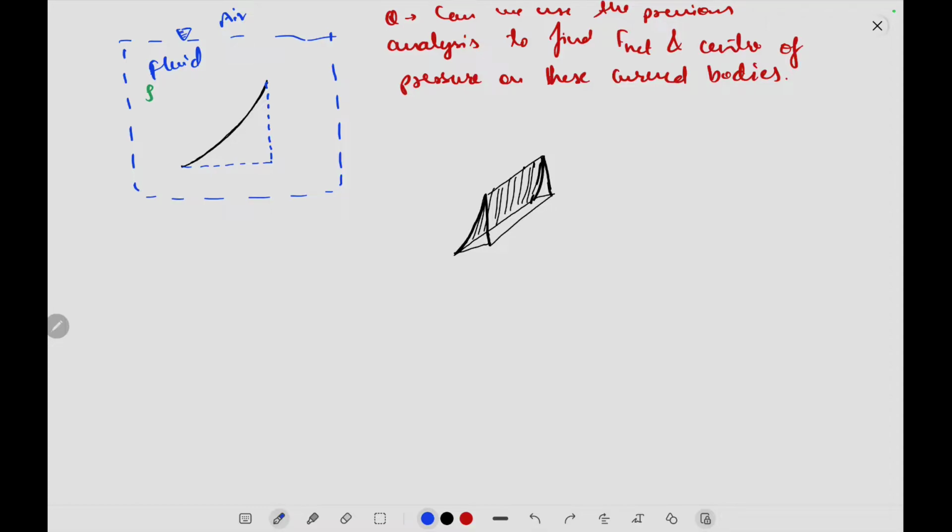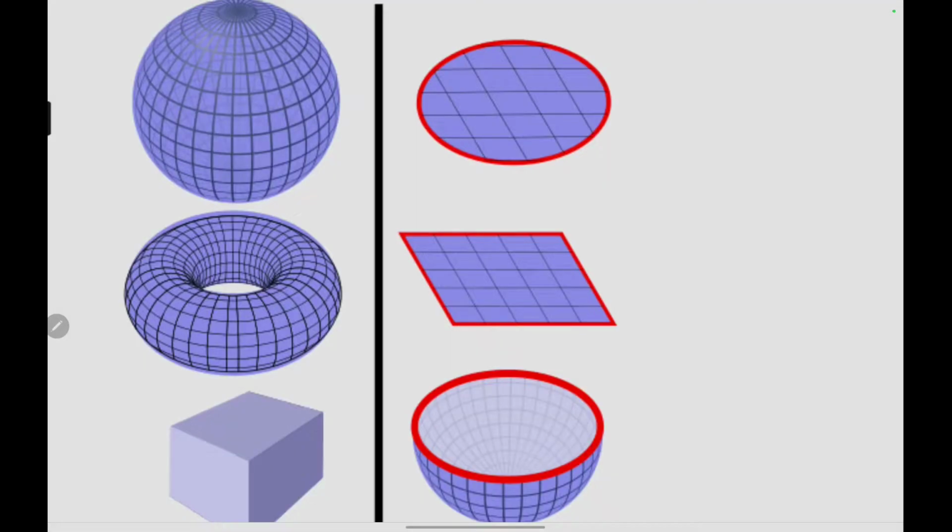Let's give a simple example of a closed surface. If I search closed surface in Wikipedia, I'll get these kinds of images. These are the closed surfaces and these are the open surfaces. What is the difference between them?